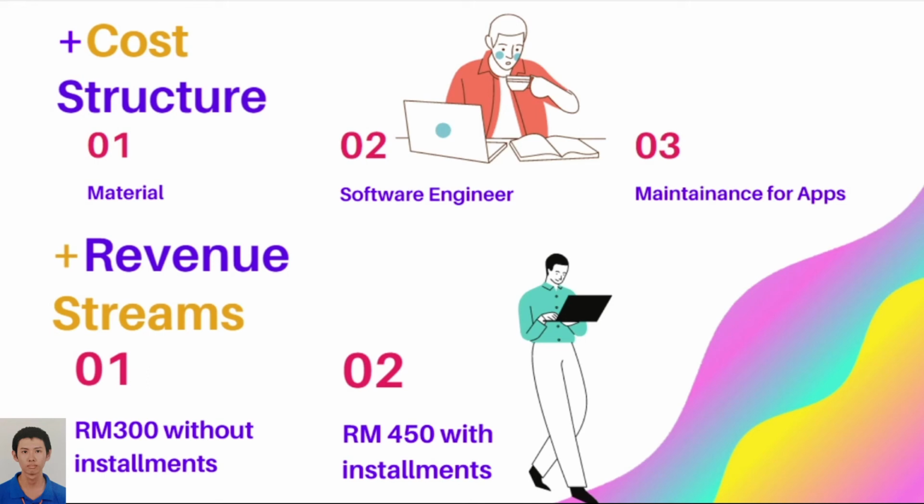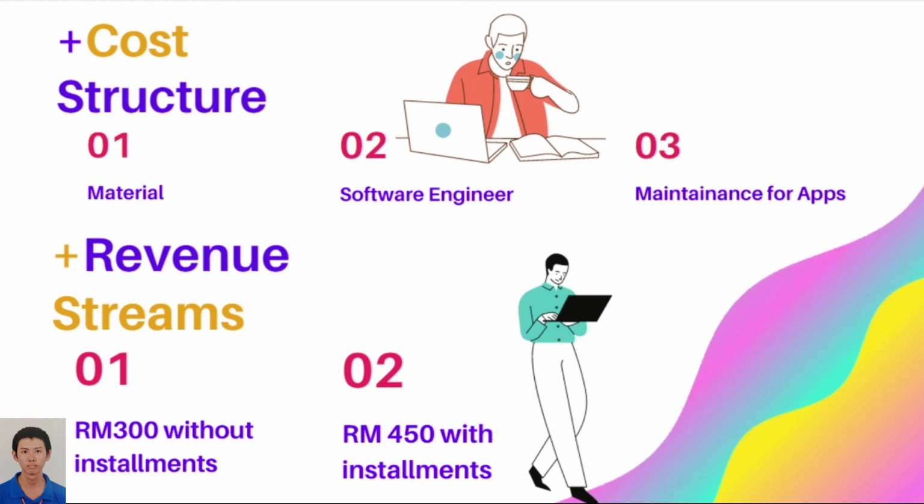At first, for the cost structure, we are spending costs on preparing materials to make a smart lock. The most expensive material is the microchip needed to implement into a smart lock so we can control the lock by using electronic gadgets. Next, we spend costs to engage a software engineer to develop a software application for controlling the smart lock.